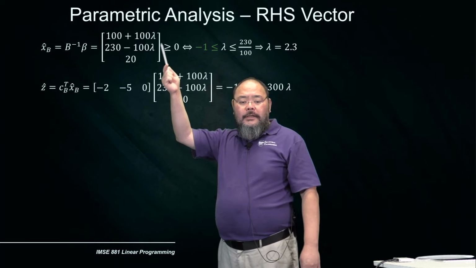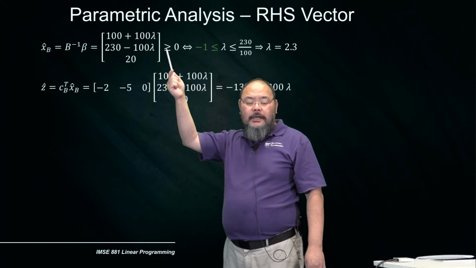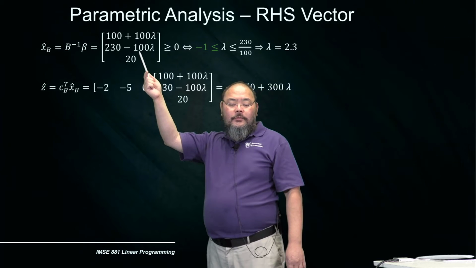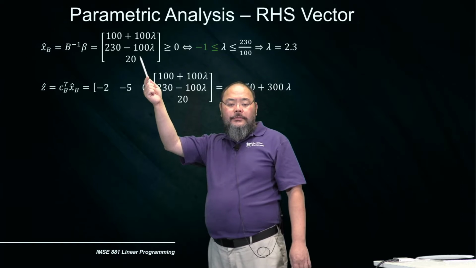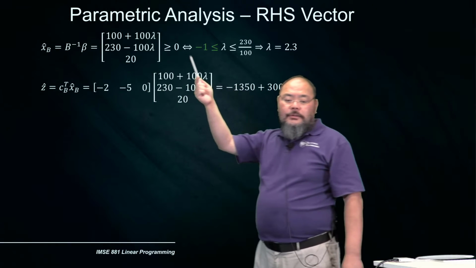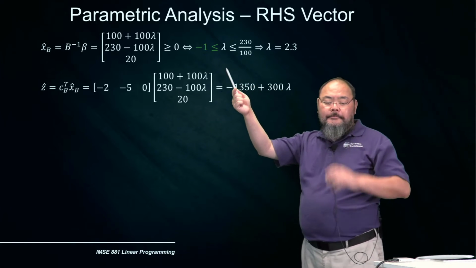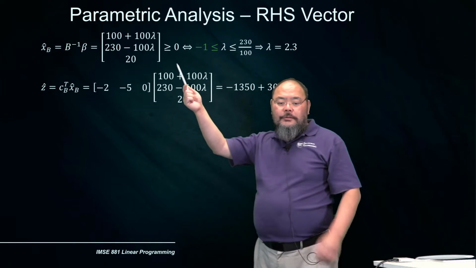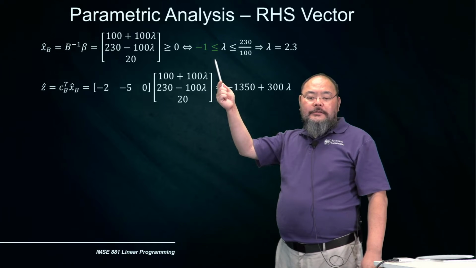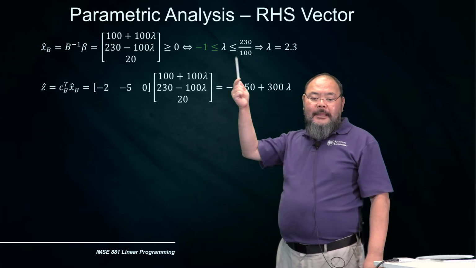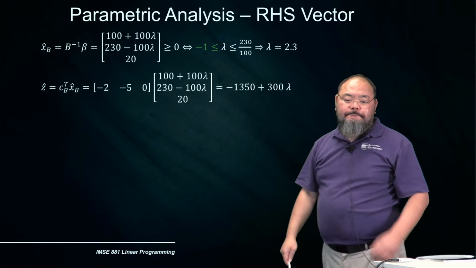To maintain non-negativity, only this one will matter, because as lambda increases, x3 decreases. So lambda should be between negative 1 and 2.3. Lambda starts at 0, so basically between 0 and 2.3 the current right-hand side is still feasible.